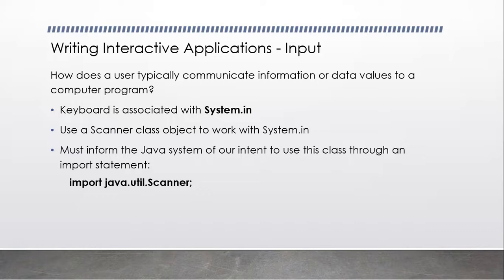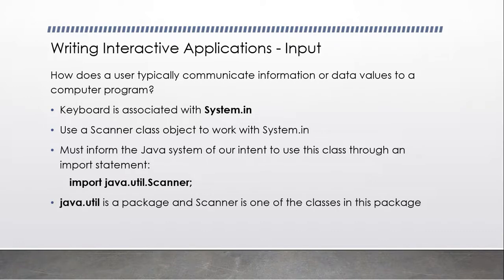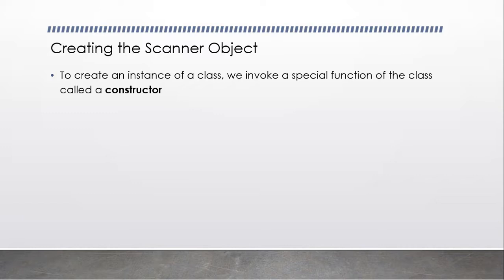And as we said, we're going to create an object of type Scanner and associate it with System.in or the keyboard. So again, java.util is simply a package and contains many different classes. So as you learn more about Java, you might import other things from java.util. But Scanner is what we're focusing our attention on right now, being able to get input from the user.